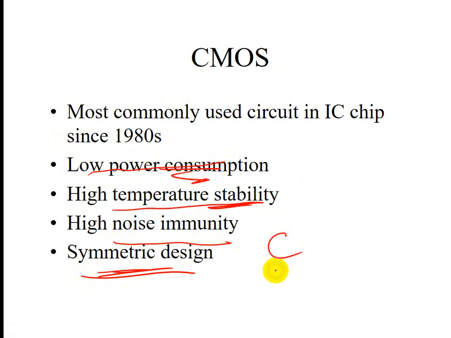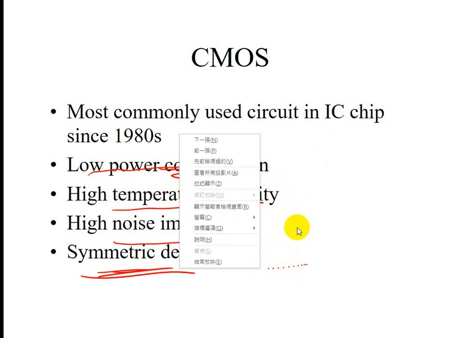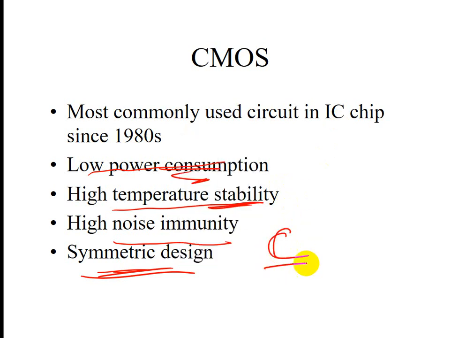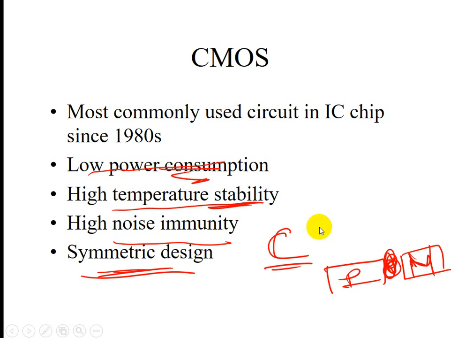That means for that MOS, you've got PMOS, and also you have NMOS. And here you have insulator. Basically you build a CMOS to the left and to the right.